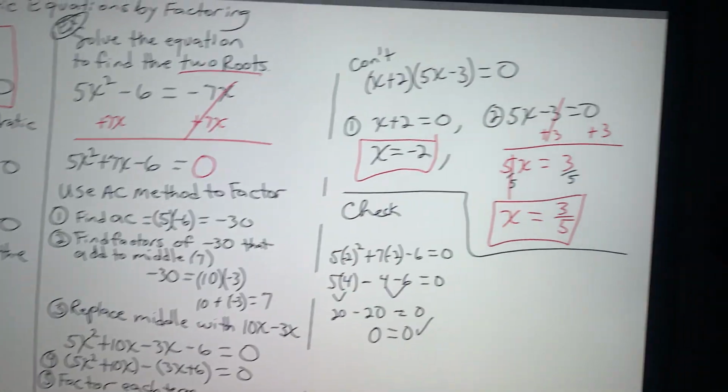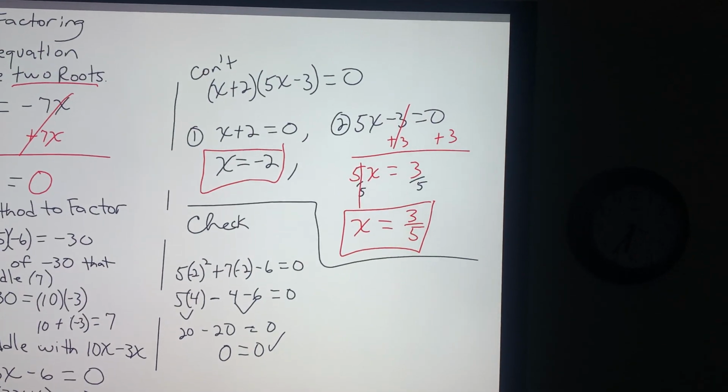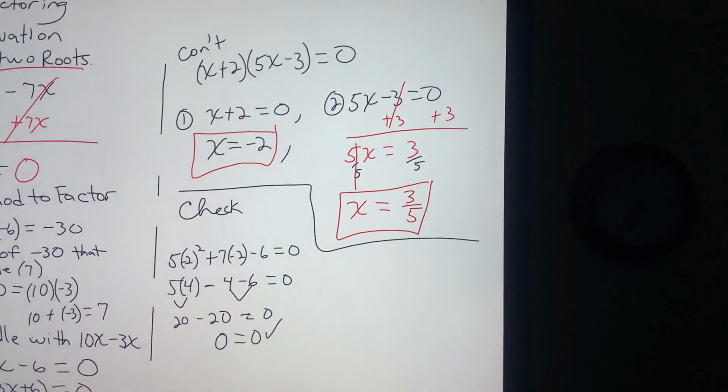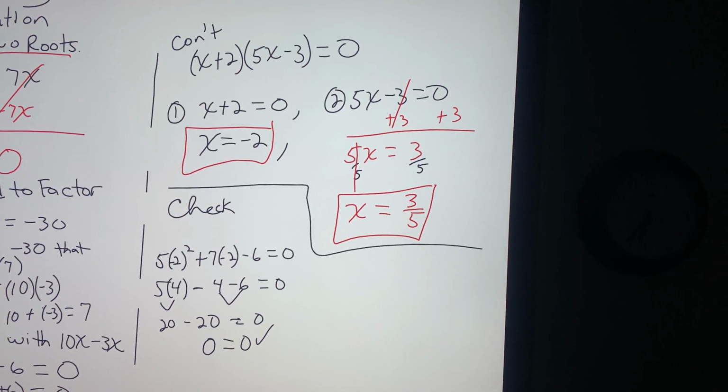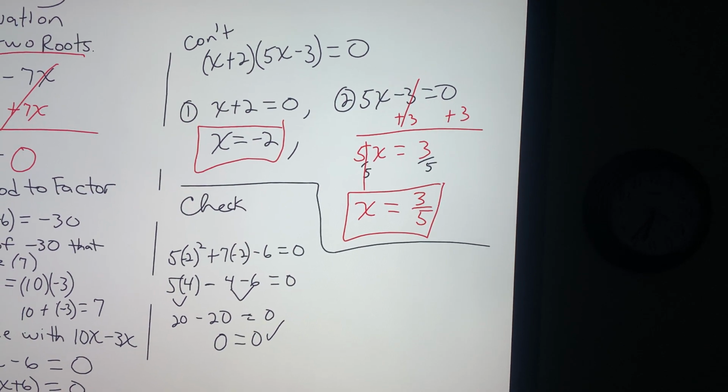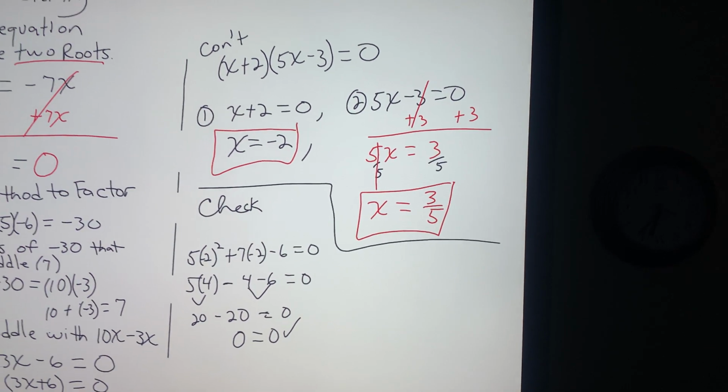So in the end, we want to find the two roots. The two roots that we found by setting each one of the factors equal to 0 were 2 and 3/5.